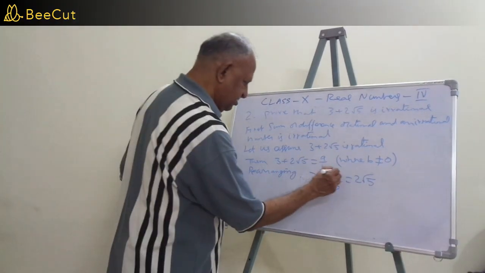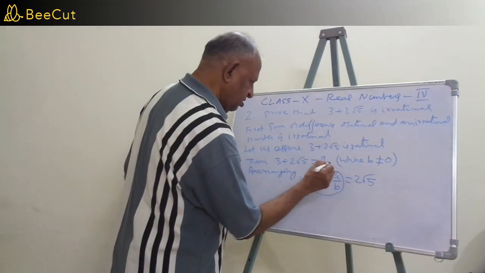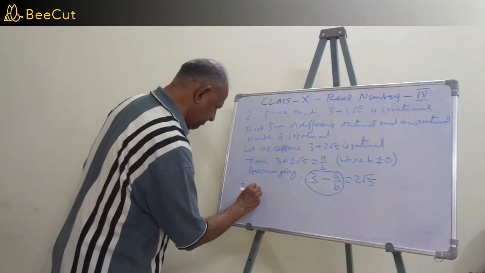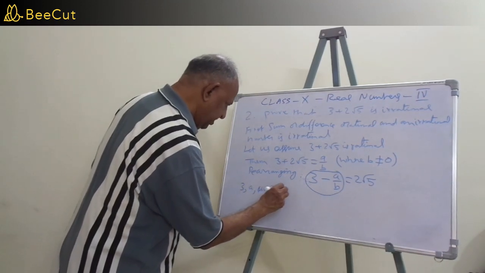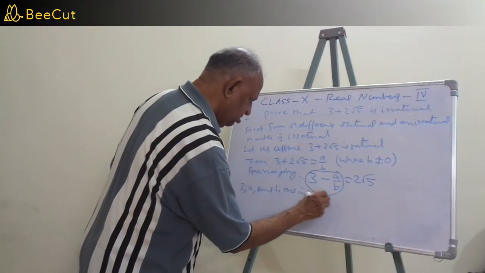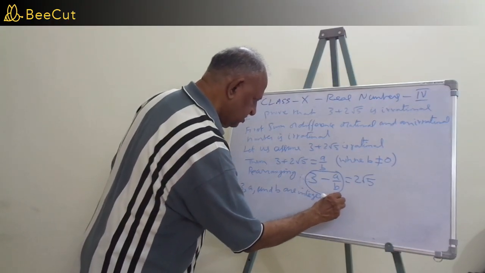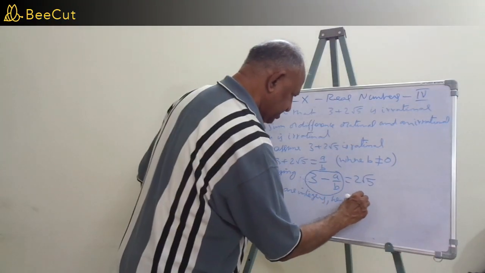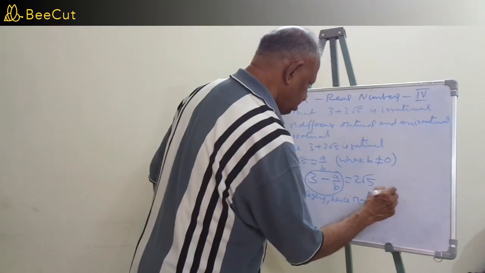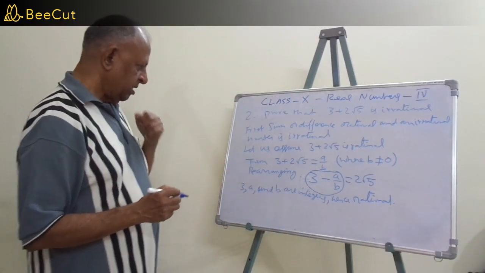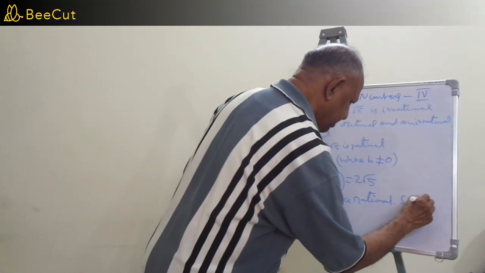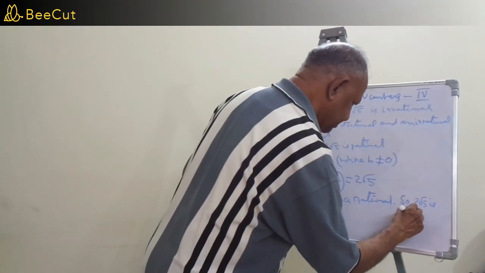Here 3, a and b are integers, hence rational. So 2 root 5 is rational.